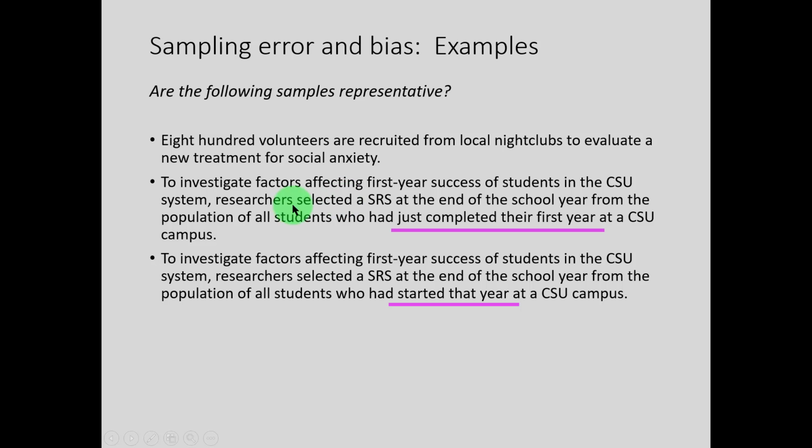So this top scenario here will not result in a representative sample of students to investigate first year success, because this second scenario will include those individuals who potentially did not finish their first year. And that is particularly relevant for the study question of factors affecting first-year success. Let's look at another one.